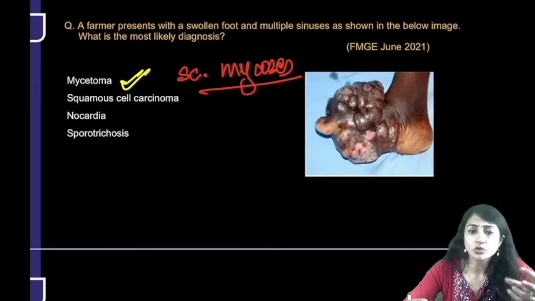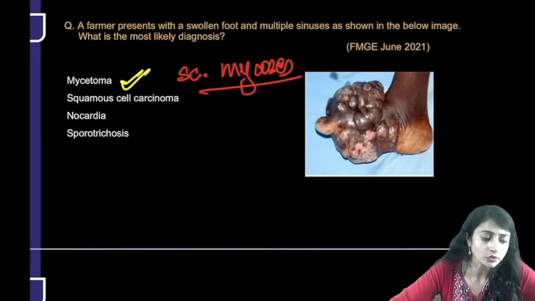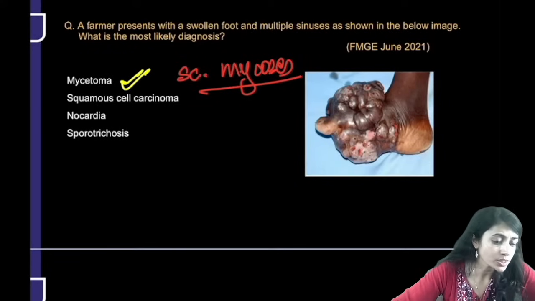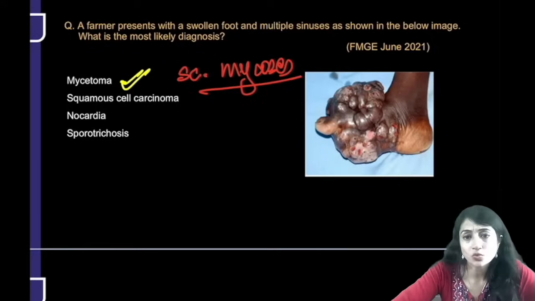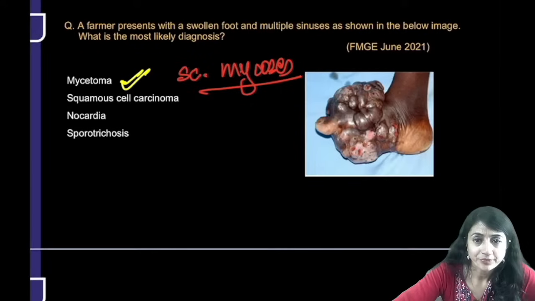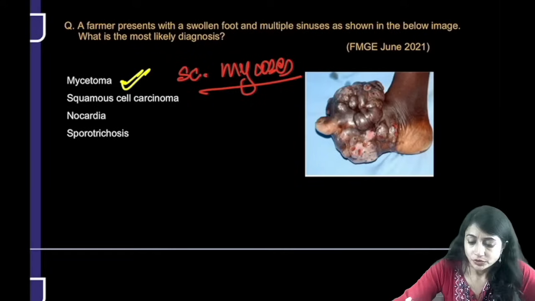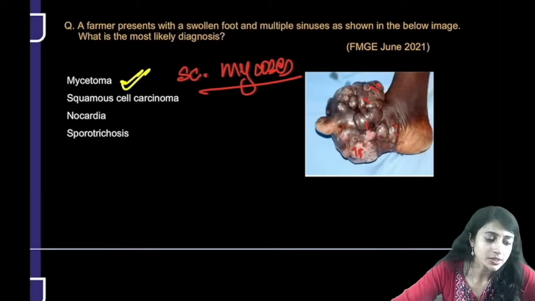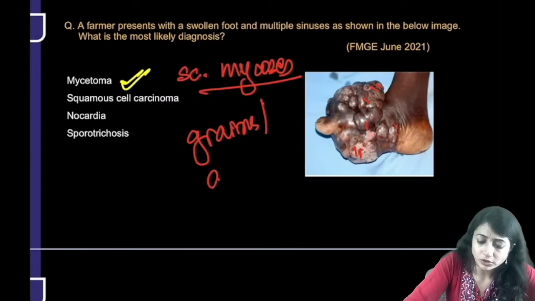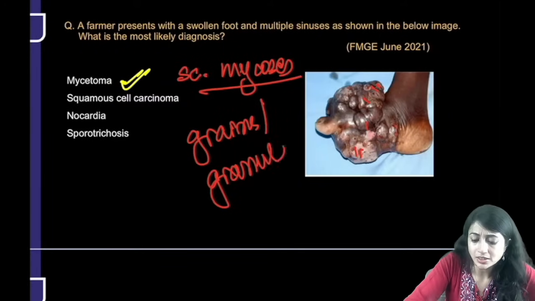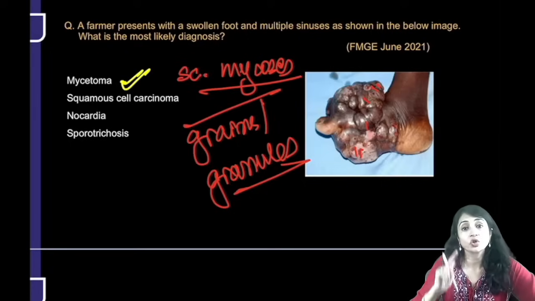And what comes out of these sinuses? Yes, it is called Madura foot, Madura mycosis, Bihari foot. What comes out of the sinuses? Through these sinuses I have some discharging things. What is discharging? Granules, called grains. So there are grains or granules which come out of these sinuses, and these are nothing but fungal colonies.